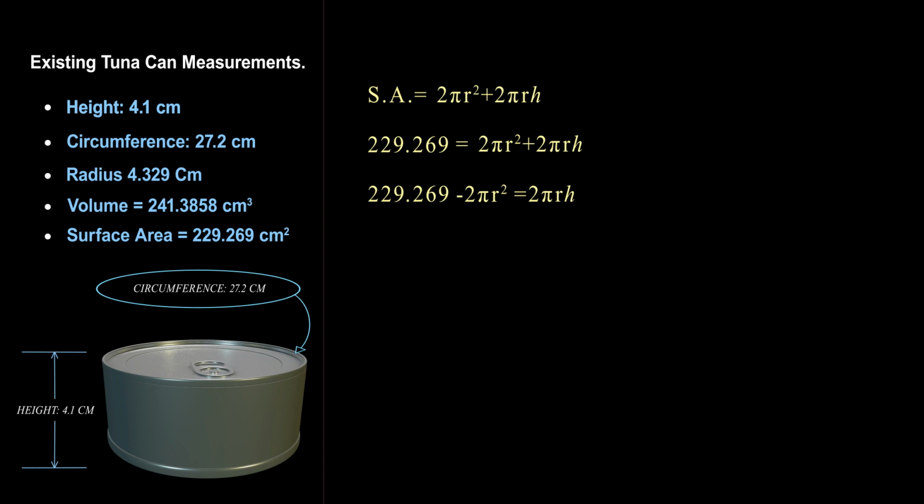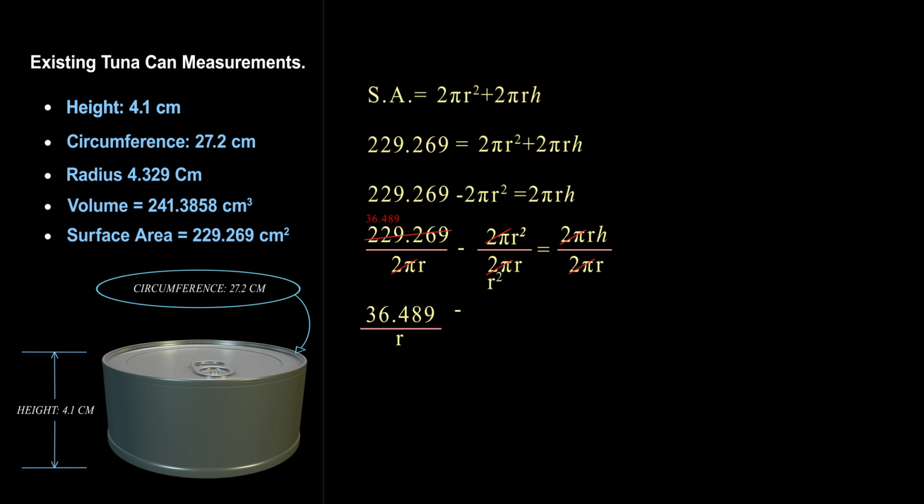Divide both sides by 2 pi r to solve for the height h. This all simplifies to 36.489 divided by r minus r equals h.